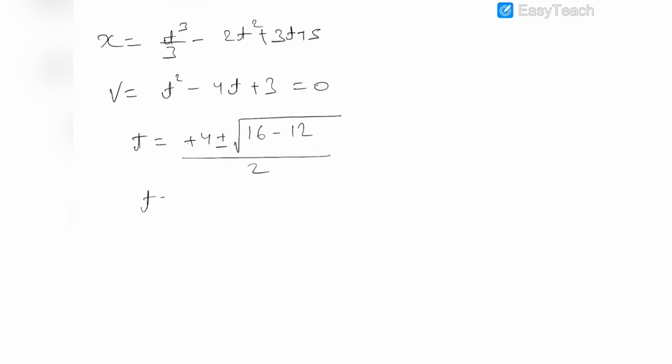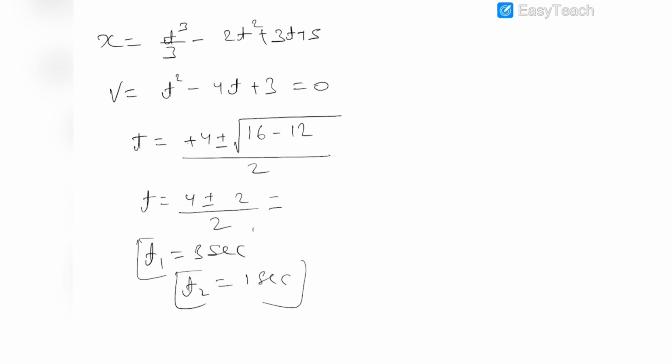So t will be equal to 4 plus minus 2 by 2. So there are 2 times: t1 is equal to 3 seconds, and t2 is equal to 1 second. So velocity is 0 at 1 second as well as at 3 seconds.